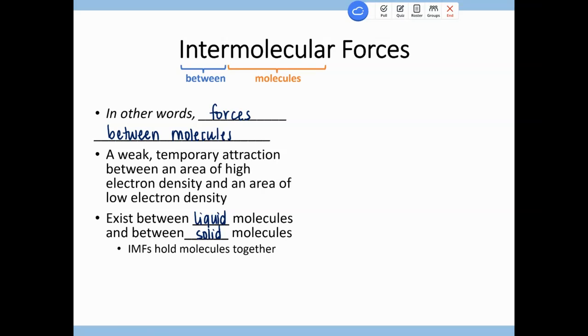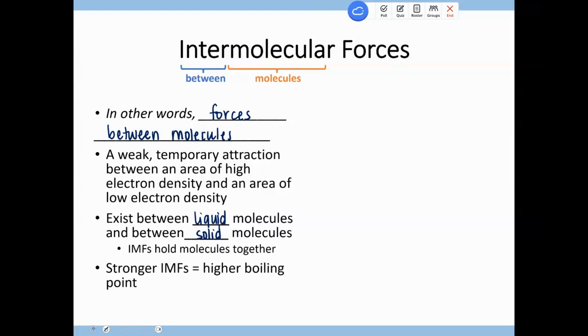And this is why something like water, which has a relatively low molecular weight, exists as a liquid, because the force of attraction between two water molecules is so strong that the water molecules stay together. It's dense as a liquid, and that's why it doesn't exist as a gas at room temperature.